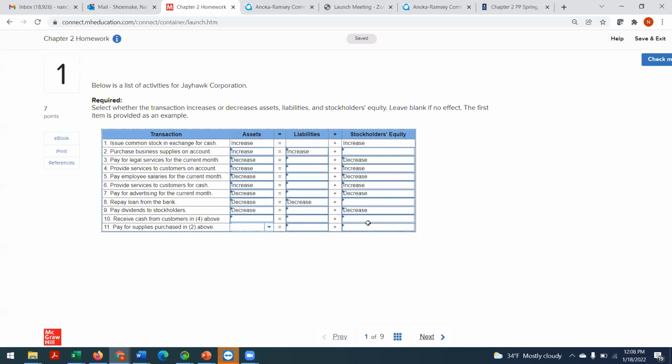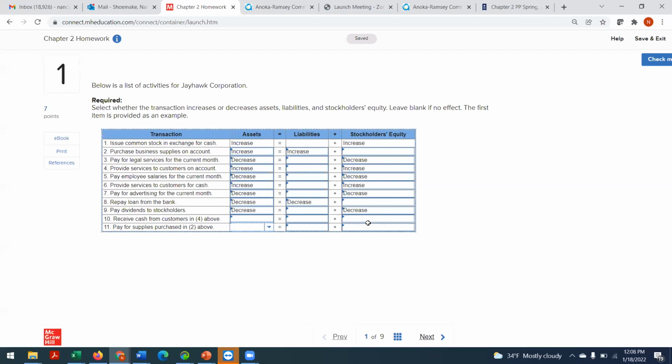Okay. Last, pay for supplies purchased in 2 above. We paid for our supplies on account. What are the two accounts we're dealing with? Assets and liabilities.